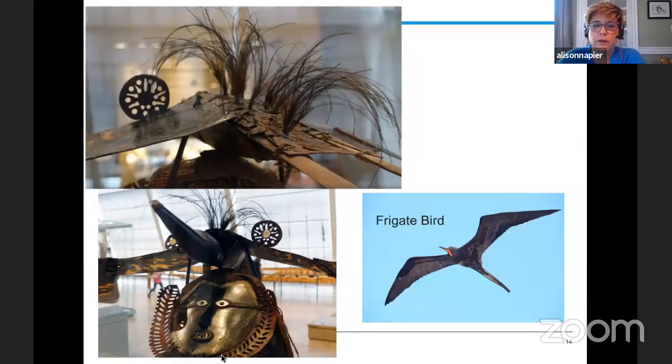This mask on the top contains an image of a sculpture of a frigate bird. And so it's likely that the person was associated with the frigate bird, or that this was in some way associated with the wearer of the mask or the clan or the familial group. It could be a totem or some mythological creature that reflected lineage or a certain family group.